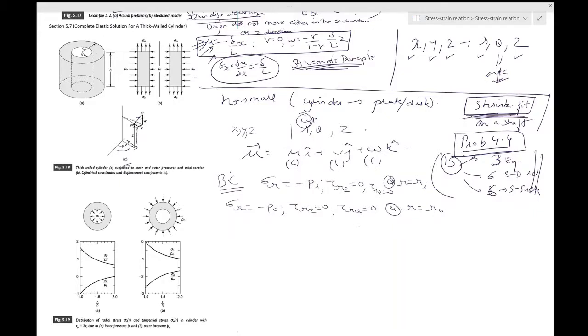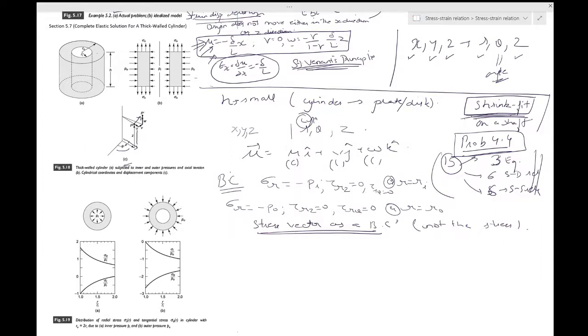But make sure, this is one thing which you should always remember, that you should be writing the stress vector as a boundary condition, not the stress, and that will explain to you why there is a minus sign in both the cases.